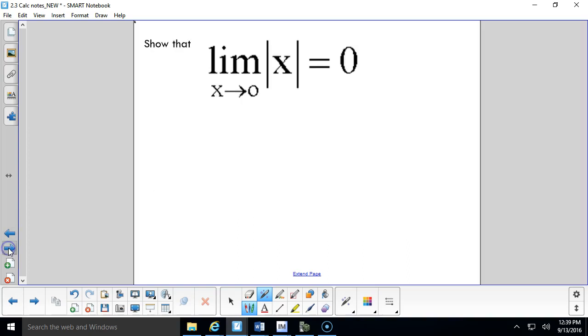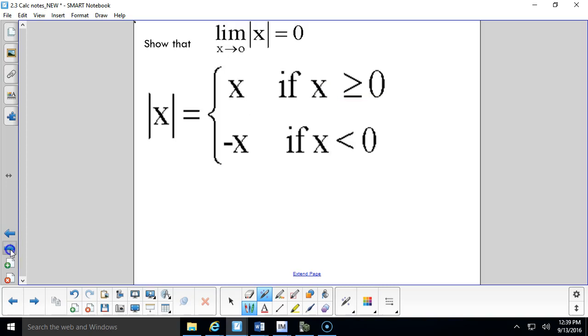So if I want to see what's happening as I approach 0, I have to look at it from the left and from the right. So let me break this up. By the way, the absolute value of x is x as long as x is greater than or equal to 0, but the absolute value of x is negative x if x is less than 0.